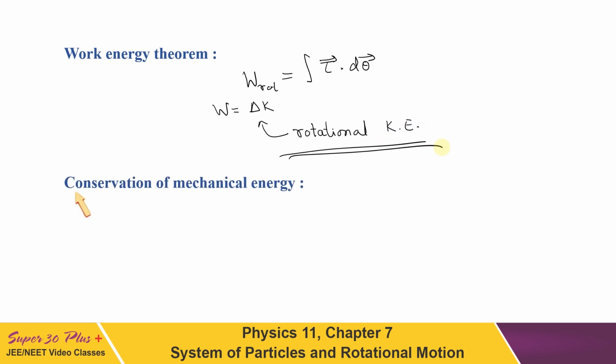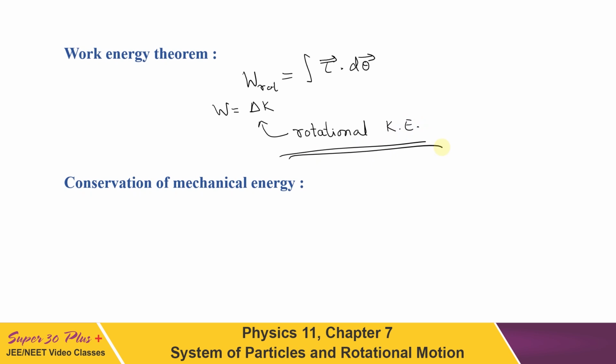The next thing is conservation of mechanical energy. What is conservation of mechanical energy for translation? I had explained that no external work is being done on the system, so the mechanical energy of the system has to be conserved. Here also it is the same thing.